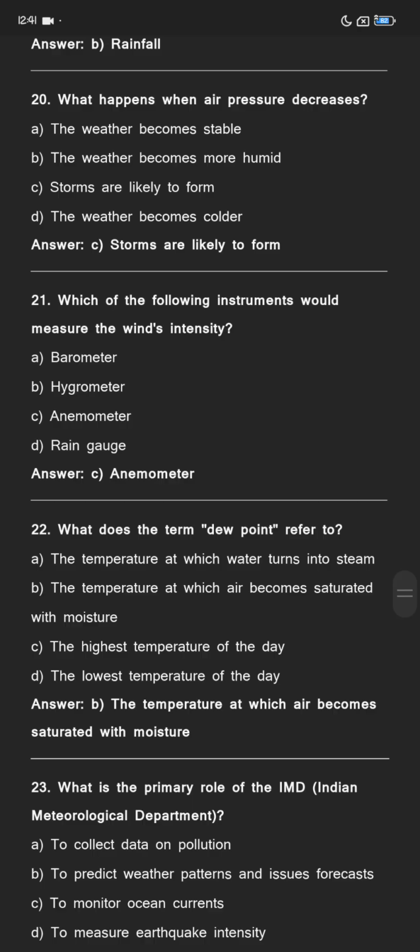Which of the following instruments would measure the wind's intensity? Barometer, hygrometer, anemometer, rain gauge. The answer is anemometer. What does the term dew point refer to?